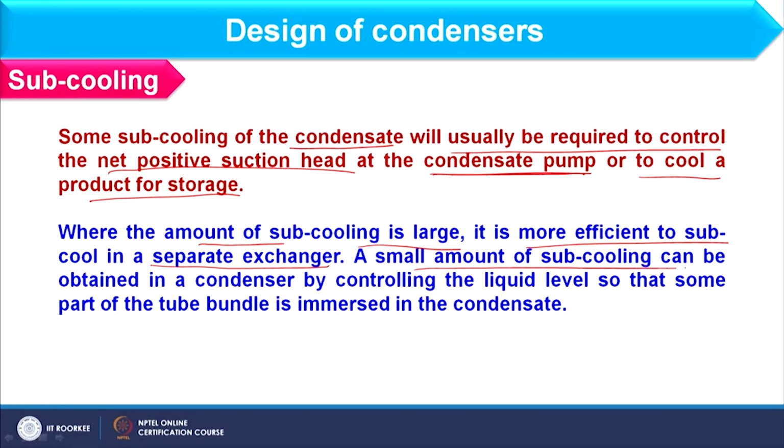A small amount of subcooling can be obtained in a condenser by controlling the liquid level, so that some part of the tube bundle is immersed in the condensate. So, here we should ensure that if the amount of subcooling is not much, we have to design the condenser so that some tubes at the bottom section of the condenser are immersed in the condensate. Okay. To ensure that some of the tubes of the bundle are immersed in the condensate, we use a special type of baffle.